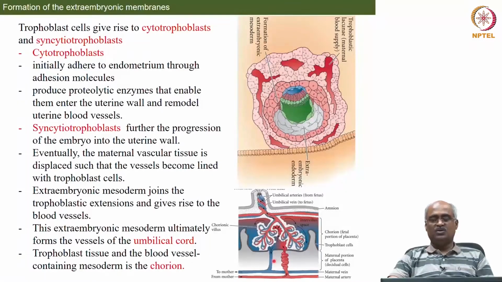Okay, so this is how the placental structure actually forms. So this portion, which is modified by the endometrium, is the decidua and mother's part, and this portion coming from the trophoblast derived cells and extra embryonic mesoderm forms the chorion, and that is the fetal component of the placenta. Okay, and this connecting thing is what we call as the umbilical cord.